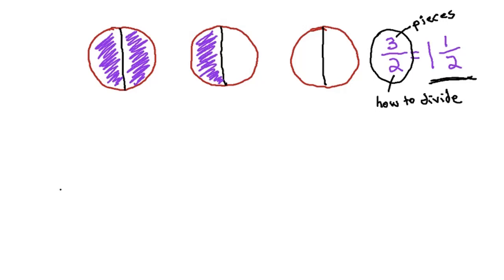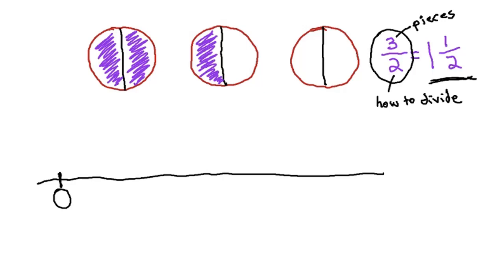So let's look at this on the number line, and let's plot this on the number line. So here's 0 right here. Here's 1, 2, 3. So if you think about the number line in terms of pizzas, here's one whole pizza right here. And we're going to divide that from the 0 to the 1.